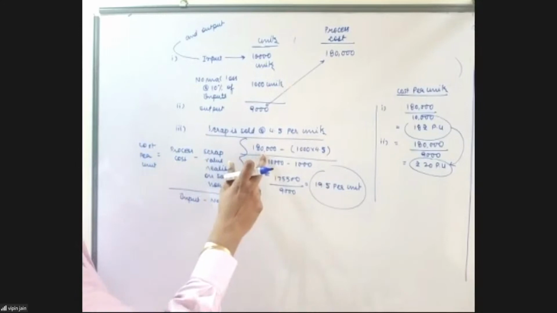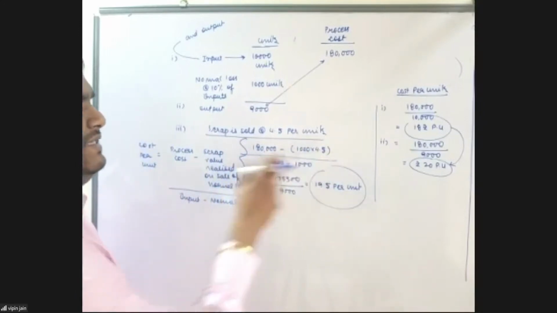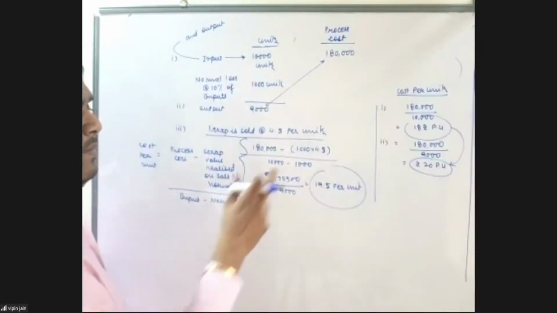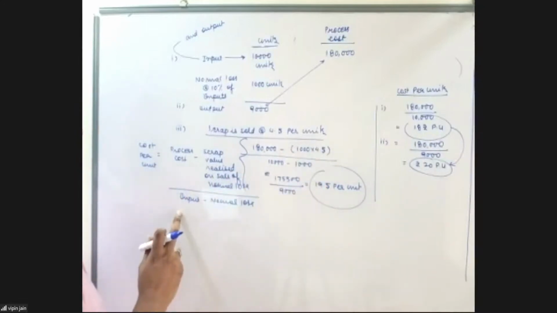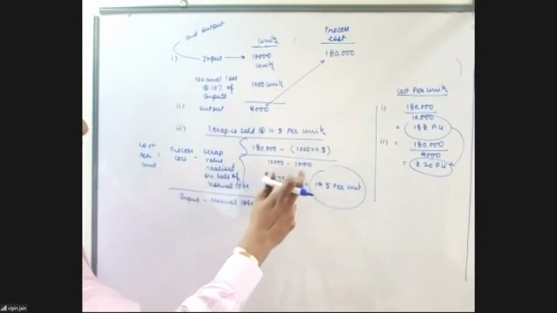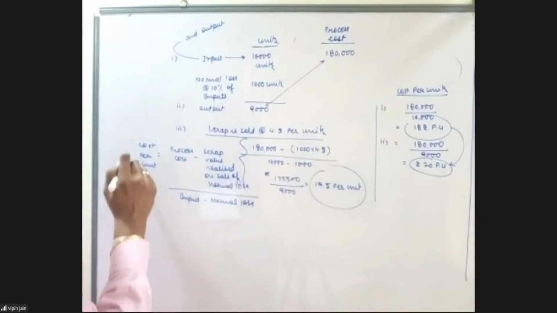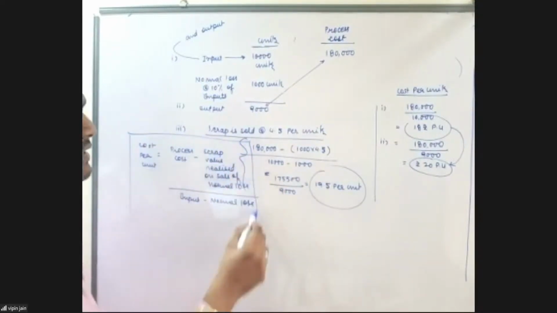So process cost is 1,80,000 minus scrap value realized on sale of normal loss, that is 4,500, divided by my inputs, that is 10,000 minus 1,000, which is my normal loss. So this is how the cost per unit is to be calculated.